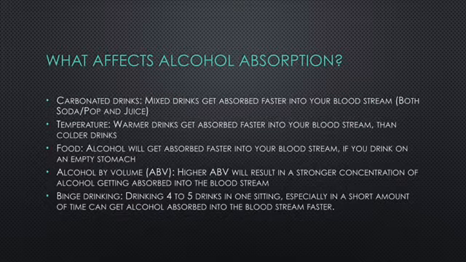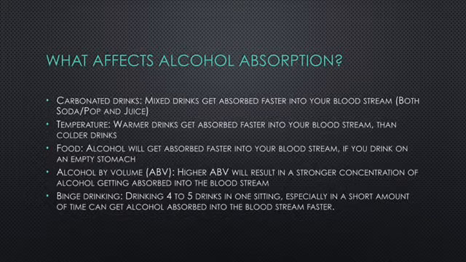That gets into the next slide with what affects alcohol absorption, before we talk about what happens when you absorb too much alcohol. Carbonated drinks can affect alcohol absorption. Mixed drinks get absorbed easier into your bloodstream, and that includes soda and juice.